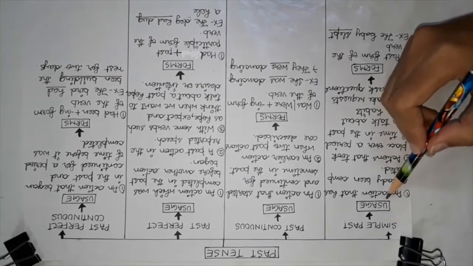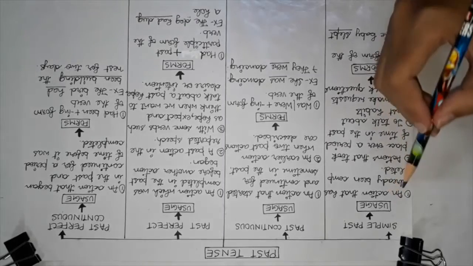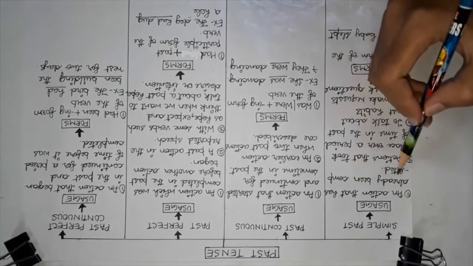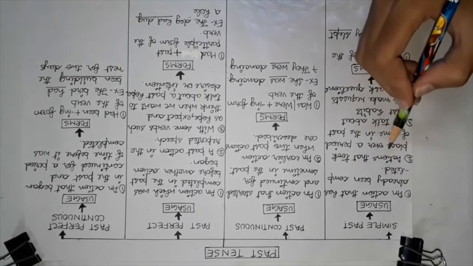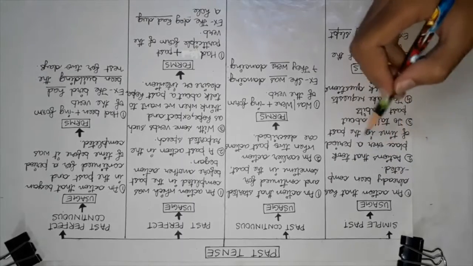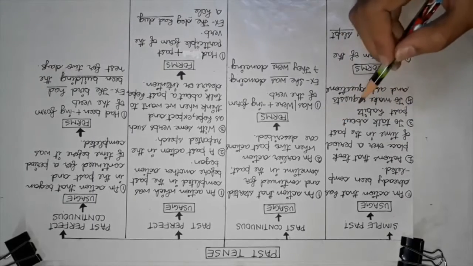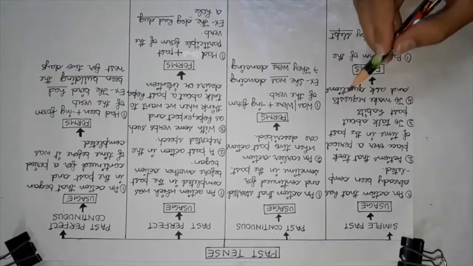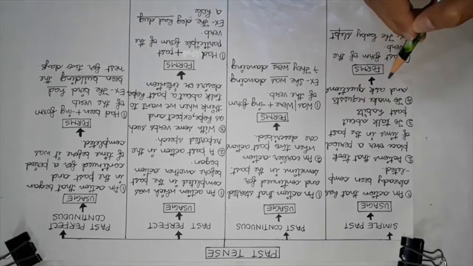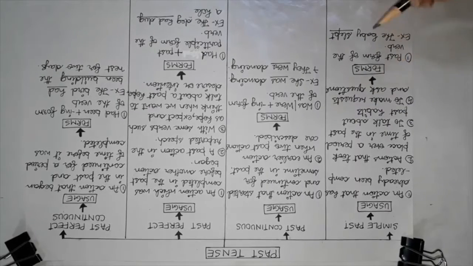And we have the usage for the simple past tense: for an action that has already been completed, for actions that took place over a period of time in the past, to talk about past habits, and to make requests and ask questions. And the simple past tense takes the form of the past form of the verb. For example, the baby slept. So, slept is the past form of the verb sleep.